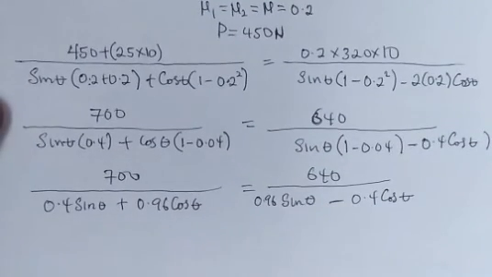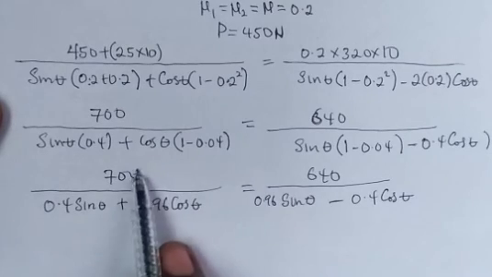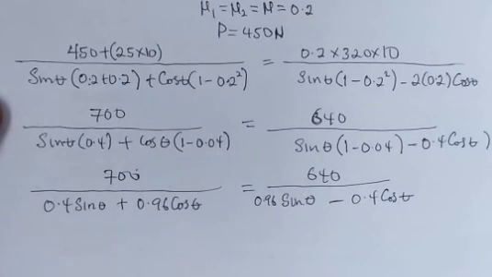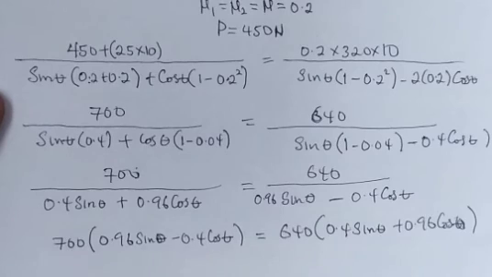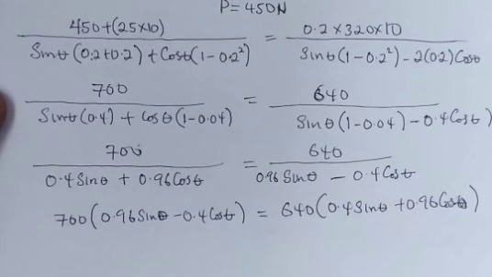So if I cross multiply here, this will come up here and this will come here, so we'll be having this, right? So if you multiply 700 times 0.96, we'll be having 672 sine theta minus 700 times 0.4, that will give us 280.